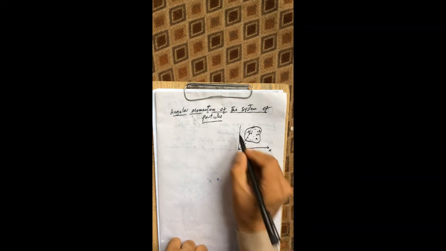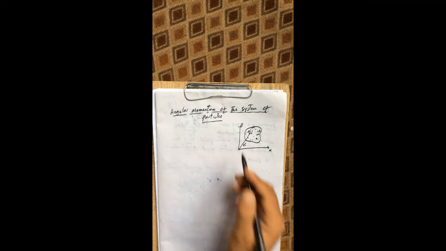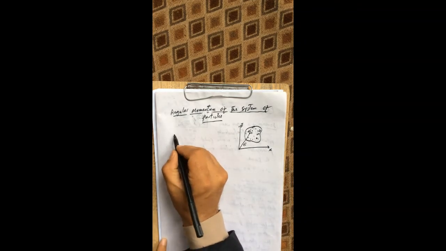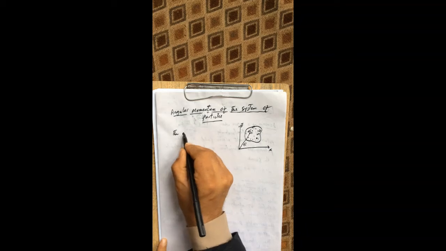This is the x-axis and this is the y-axis. Now the angular momentum of this ith particle, I can write it here.